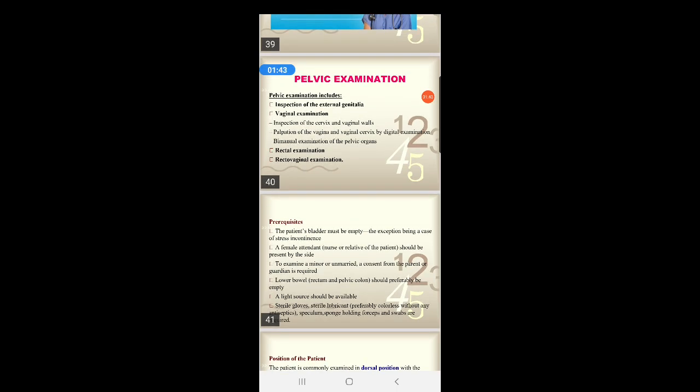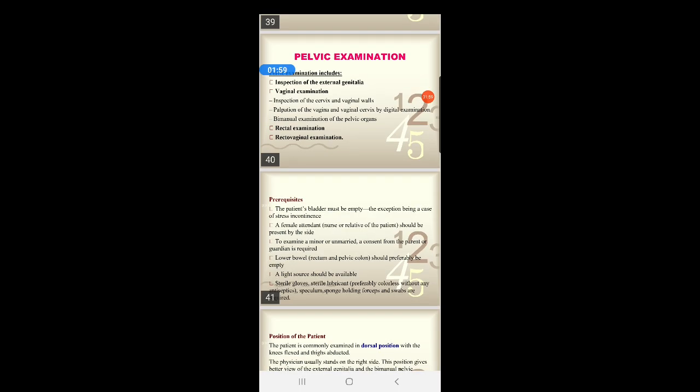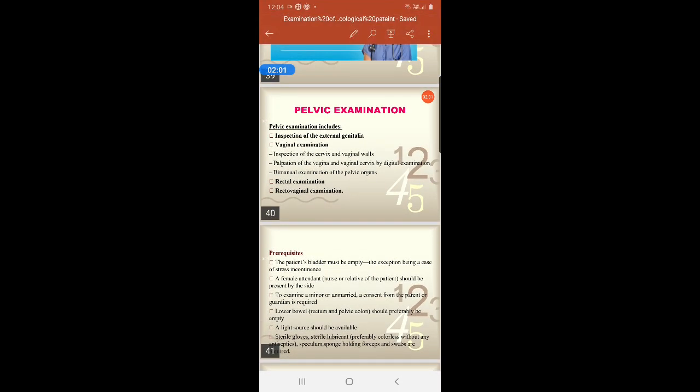Then comes the bimanual examination, in which with the help of both hands we examine the different pelvic organs, that is the uterus and the appendages, etc. So the vaginal examination includes inspection, palpation, and the bimanual examination.